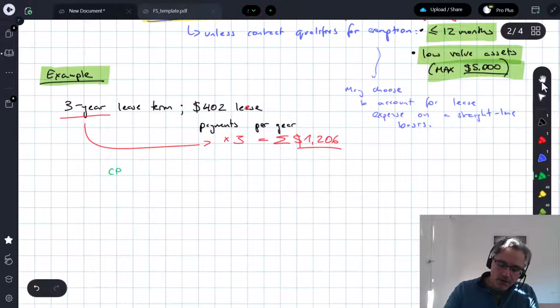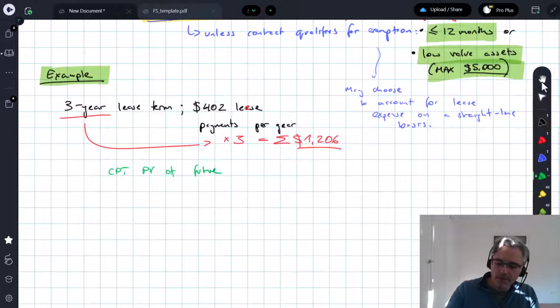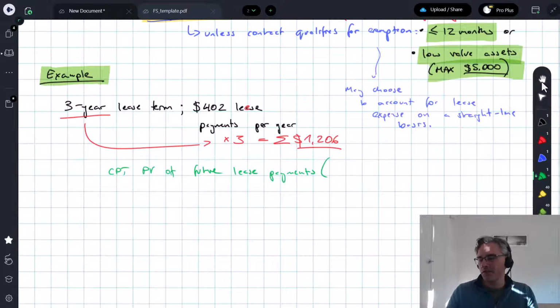Apologies. So let's compute the PV of those future lease payments using the TVM time value of money worksheet. Lease payments. Now, obviously, we need a discount rate to do this, but when you account for leases, you have to be given a discount rate. Assume 10%.